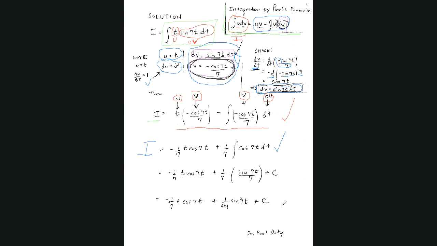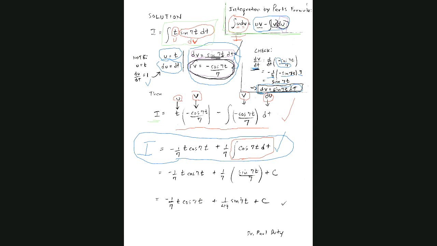The only thing left to integrate is the integral of cosine of 7t. That's the only thing left, and the antiderivative of the cosine of 7t is sine of 7t over 7.